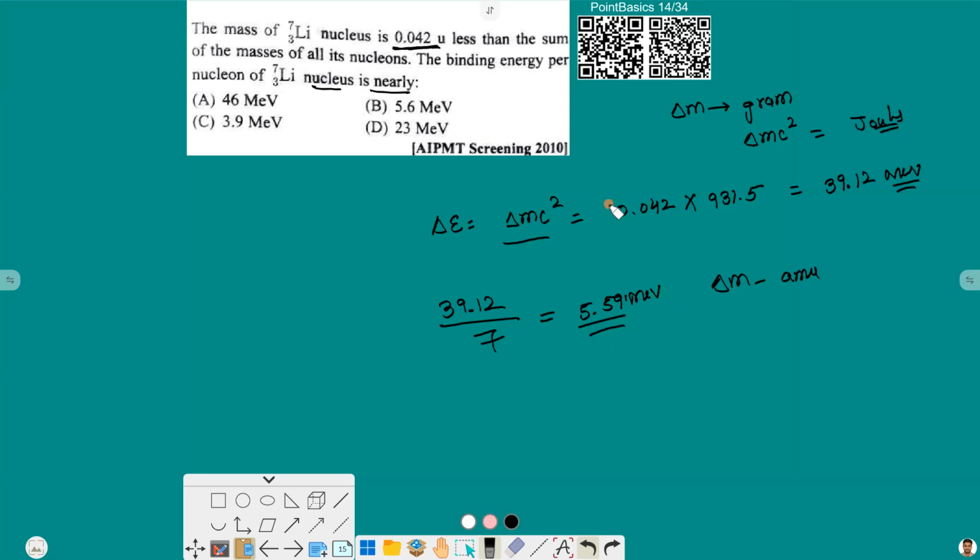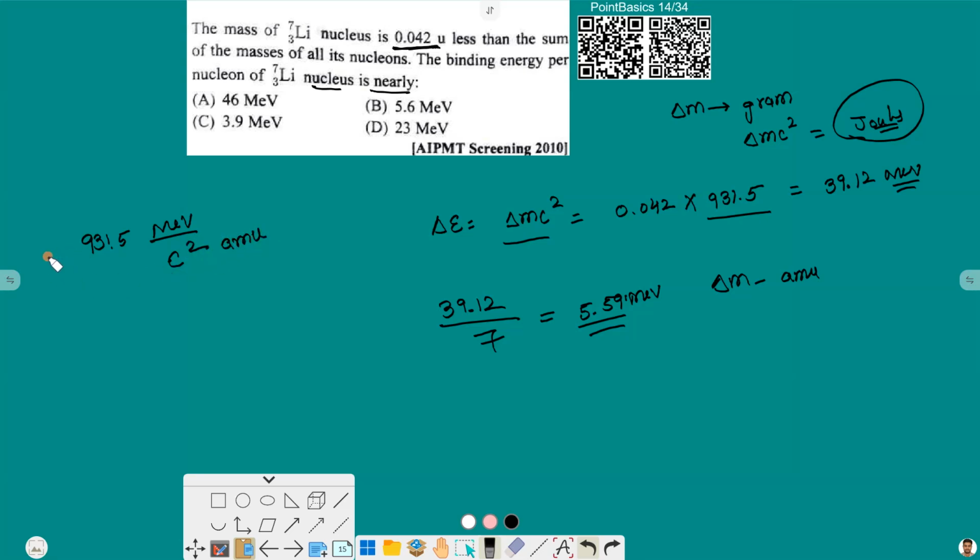You have to remember this one important thing: if delta M is given in grams, we will get the answer in joules. But if it is given in AMU, just multiply it by 931.5, because this 931.5 has the unit of MeV per C square per AMU.